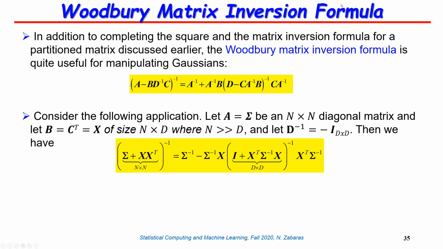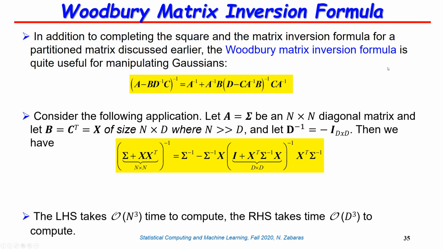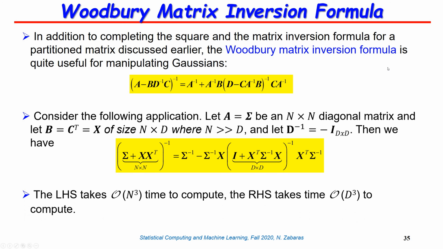So obviously the benefits of using the Woodbury formula are significant. You cannot go and invert this huge matrix when you know you can drop it to a substantially smaller cost, the inversion of a d by d matrix.